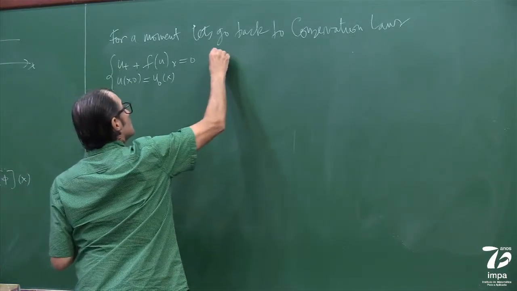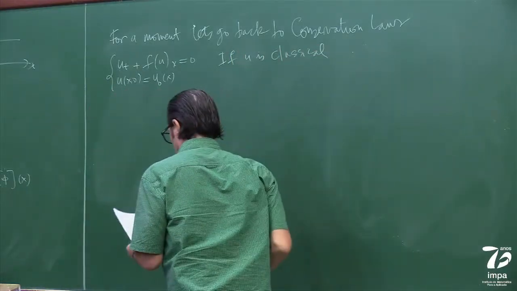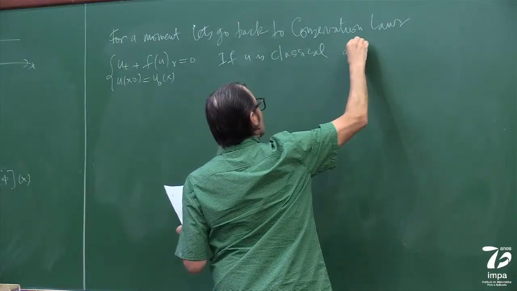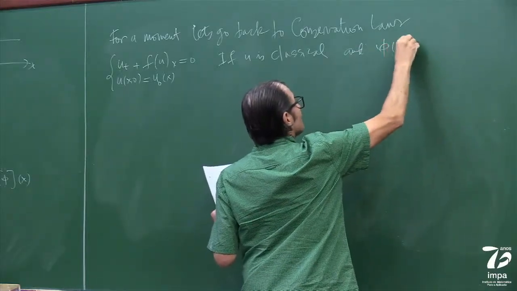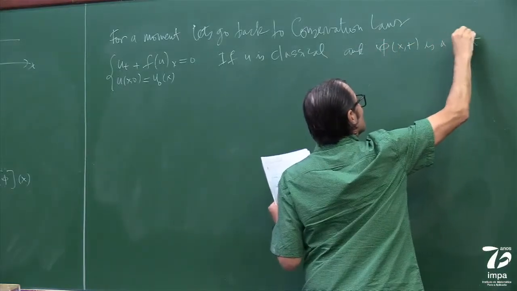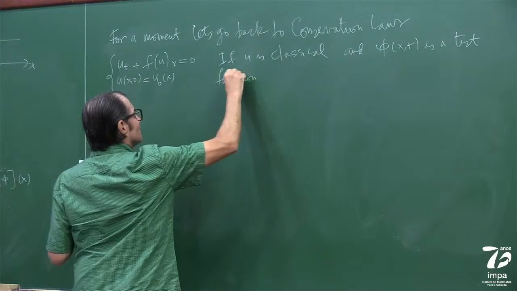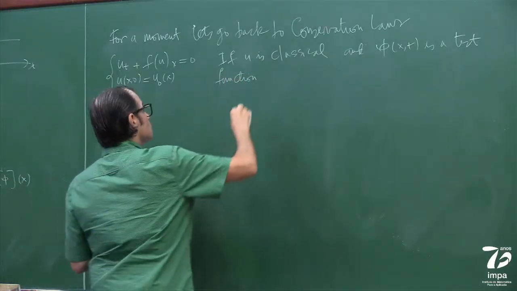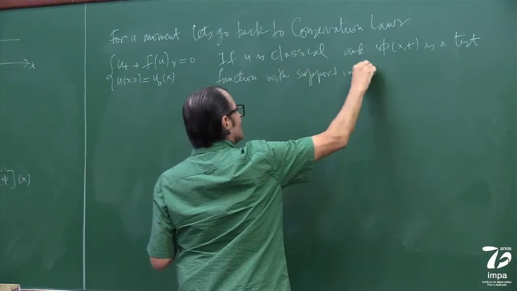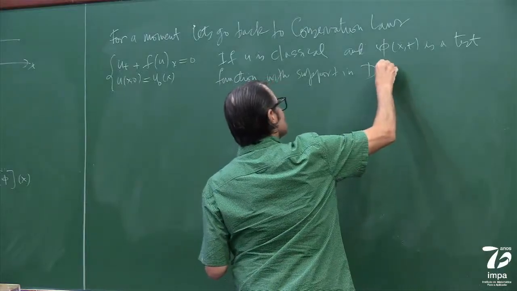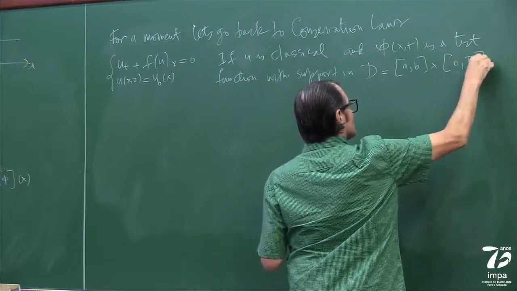So, let me put it like this. If U is classical and phi of x,t is a test function, right, with support in D. Let me define this D, this region, which is AB cross 0T.